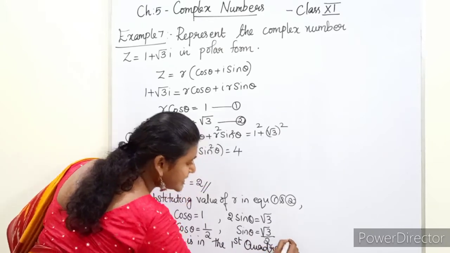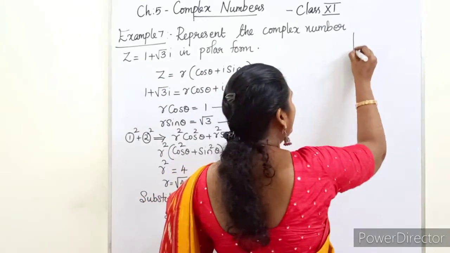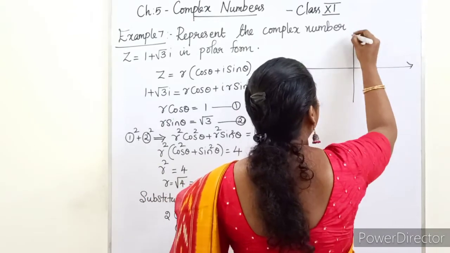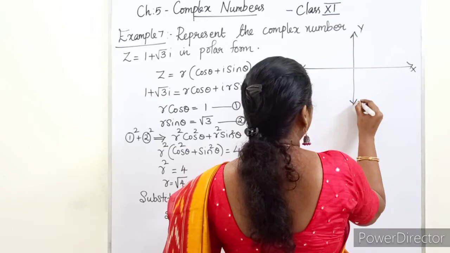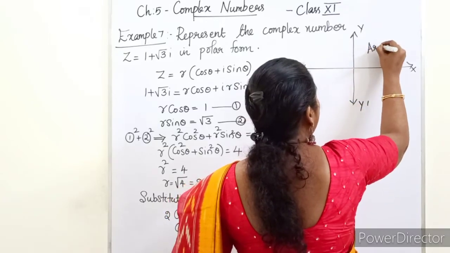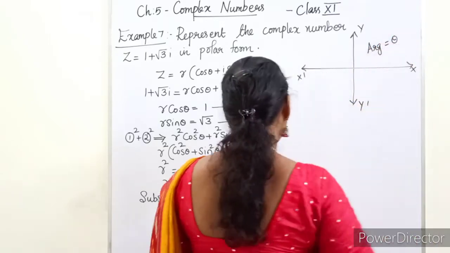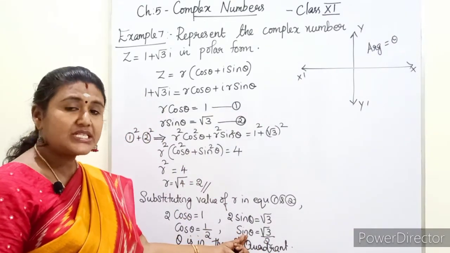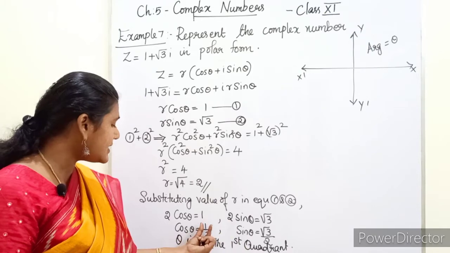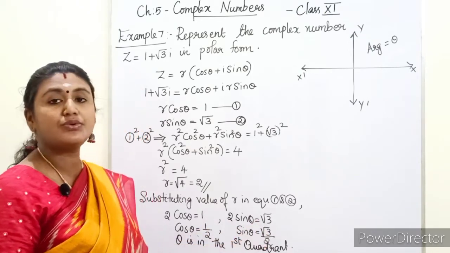I already explained in each quadrant how to find the argument. If it is in the first quadrant, the argument will be theta itself. So here we have to find the value of theta. For which angle is cos 1 by 2 and sin root 3 by 2?